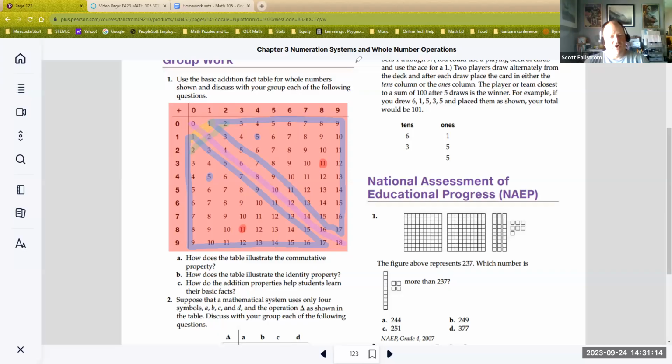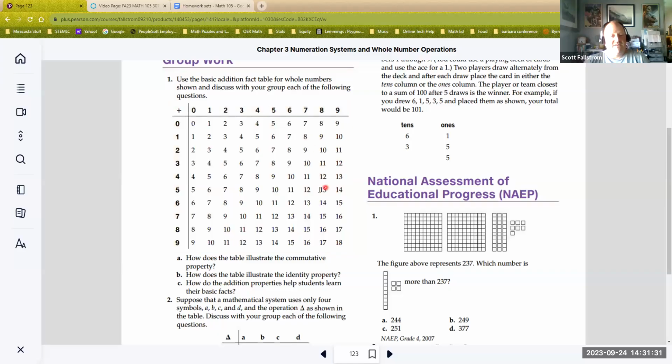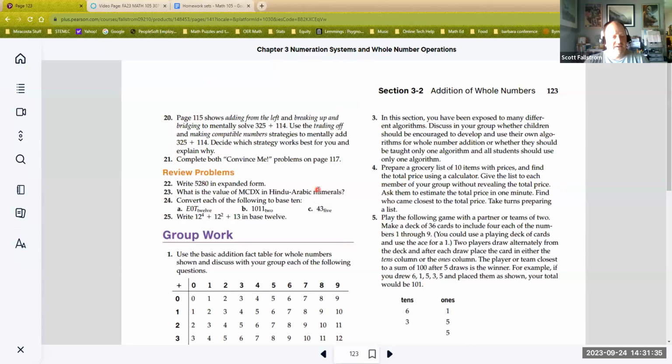And of course, they're both on that line of 11s. There's a lot of other things that get you 11. So if 8 plus 3 works, then 7 plus 4 works, then 6 plus 5, then 5 plus 6, and then 7 plus 4. And it keeps going in that way. So it's, again, these tables may look pretty basic and simple, but there's a lot of mathematics going on inside of them. And part of this class is getting a chance to do those.